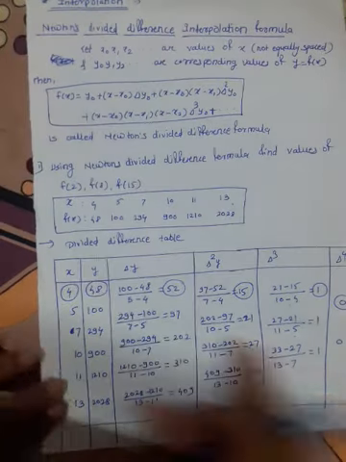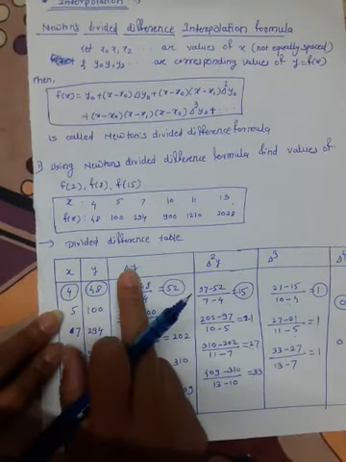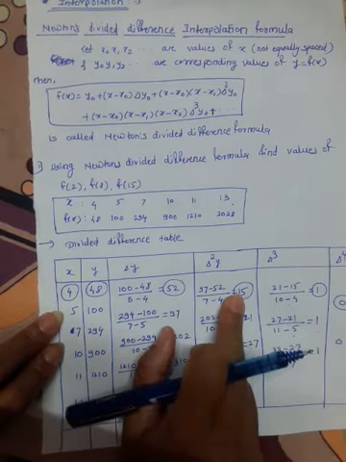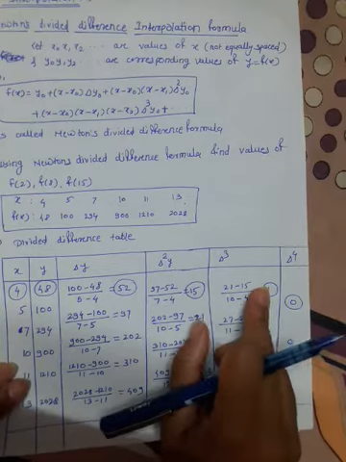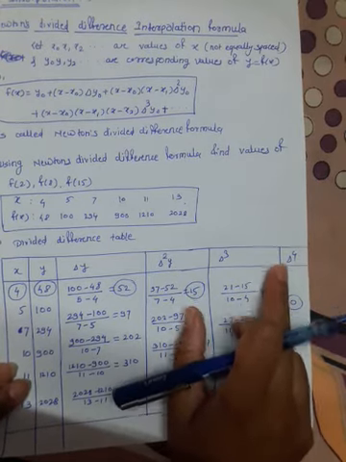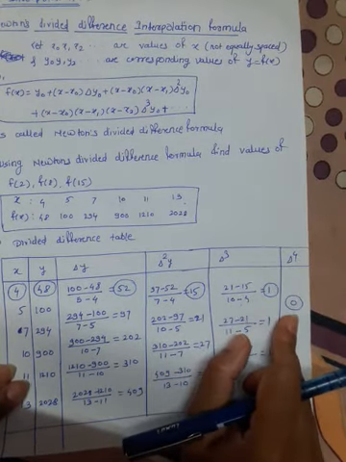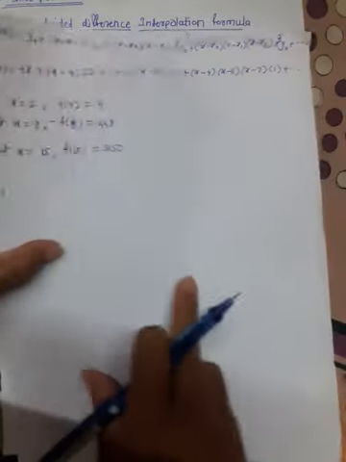These are called x naught, this is y naught, this is del y naught, this is del square y naught, del cube y naught. Y naught means initial value, the first value, and this is del square y naught. Okay, now put all these values here in this equation.